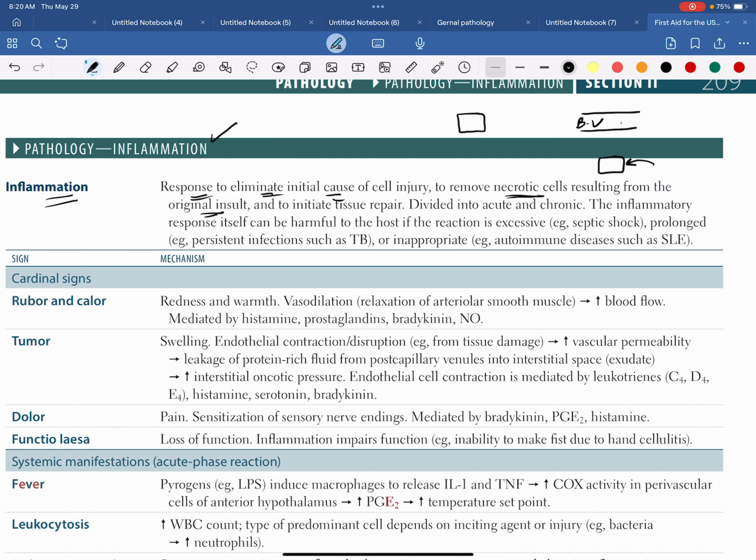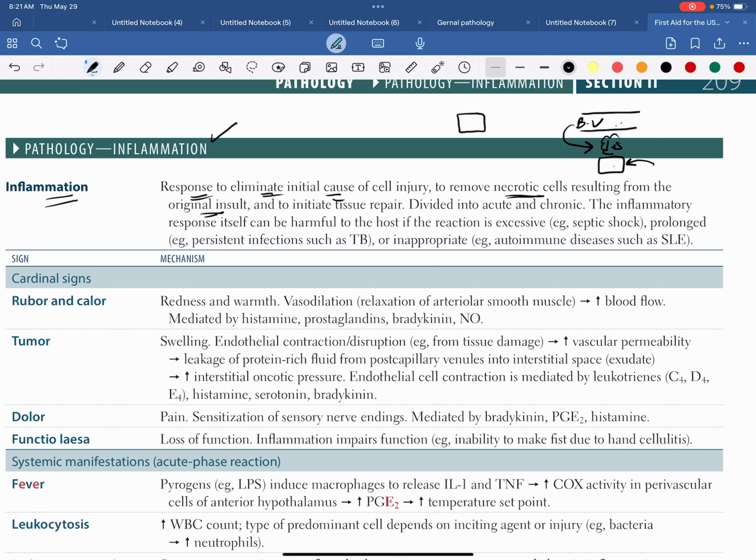So these three things will exit the blood vessel and enter the interstitial space. What is the interstitial space? It is the space that is present between the blood vessel and the cell. So here it is the interstitial space. So this is the basic introduction.